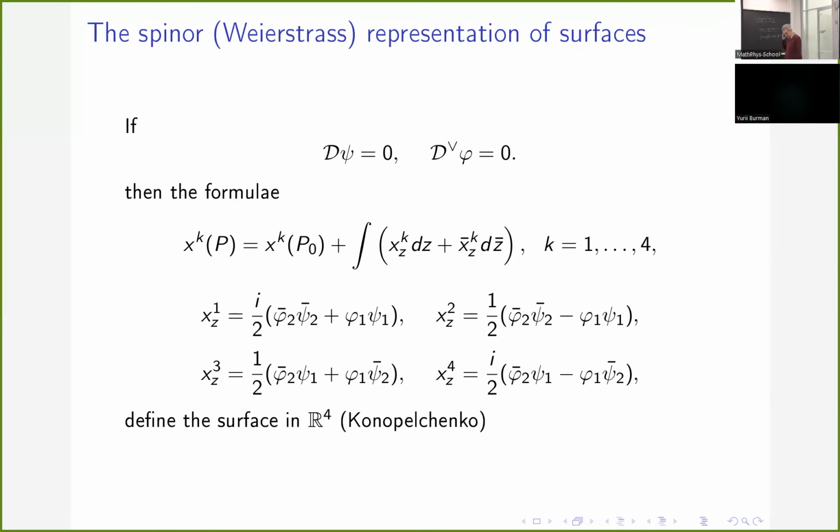Originally, there was an article by Konopelchenko, where he proved this result. So if we have these two solutions of the Dirac equation, then these formulas define the surface in R3. So this procedure is called inducing surfaces, solitons on surfaces in R3.